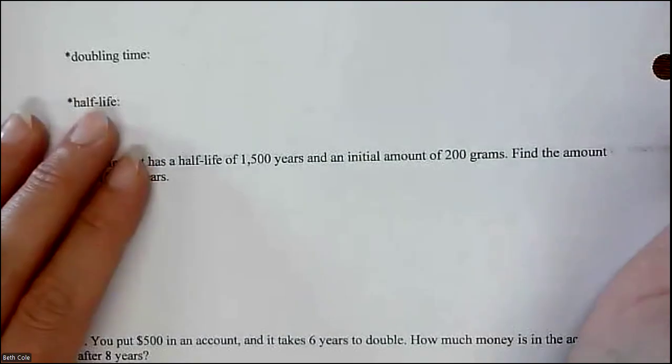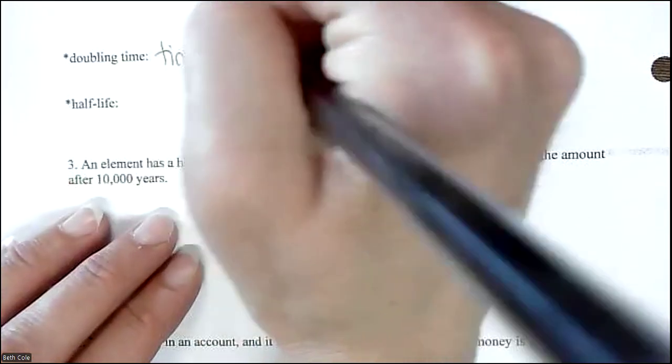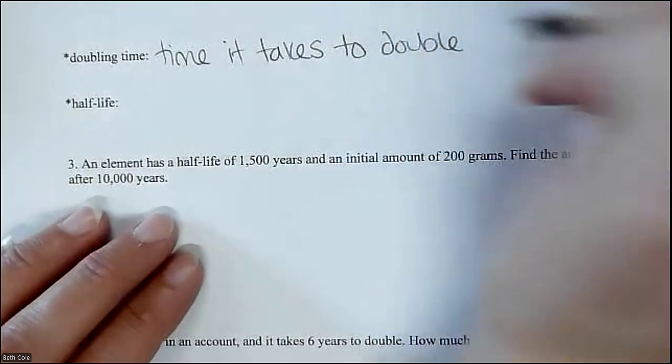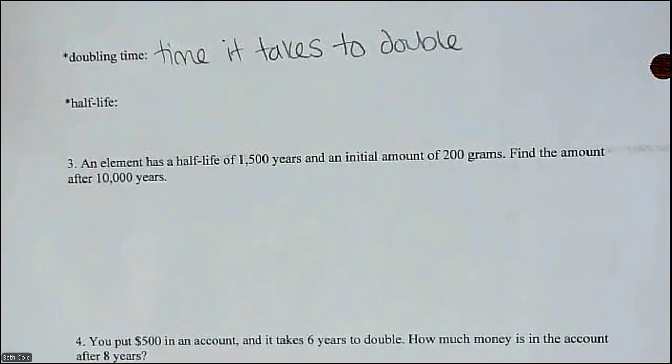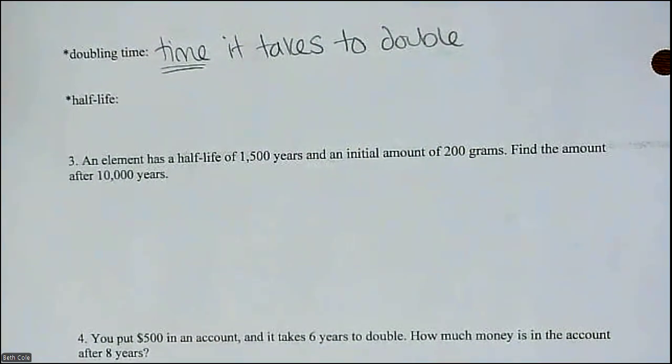Oh, yes. Okay. So doubling time is the time it takes to double what you have, or to have twice as much. So whatever you started with needs to be increasing, like the bacteria. But the important thing is that it's time. It's the time it takes for the amount that you had to now be twice as much.